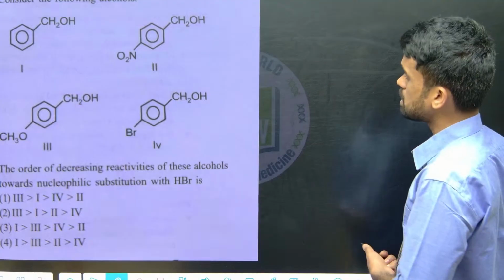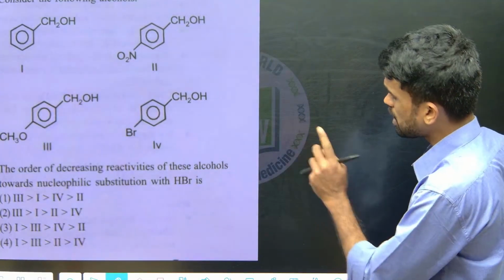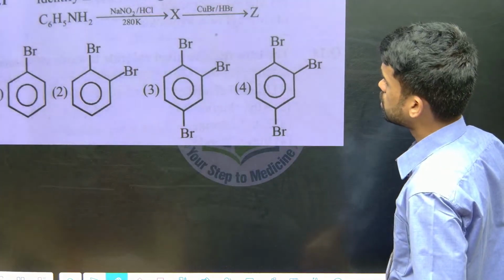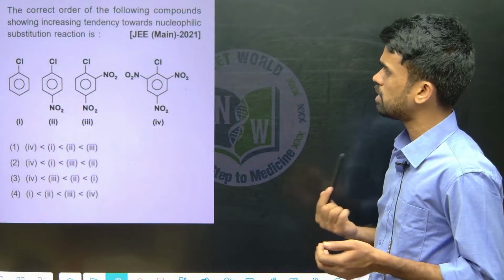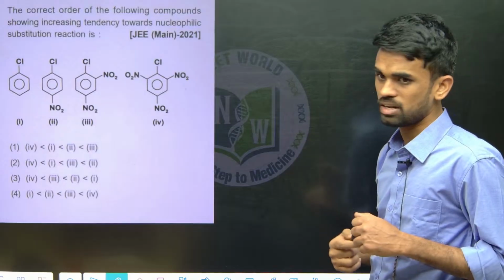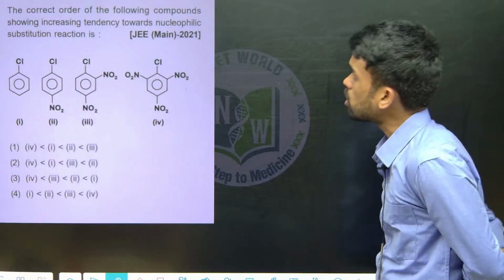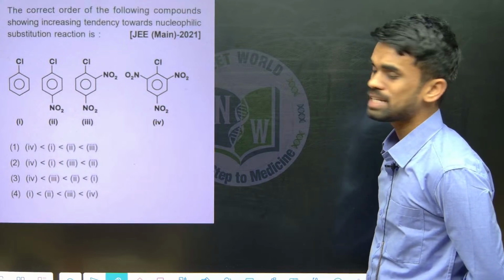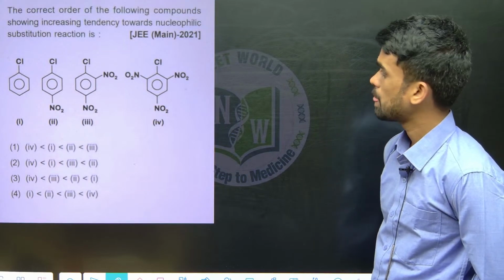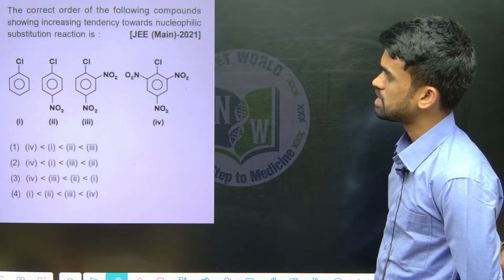The next one is here. We will come back to this later. This is also a JEE Mains question, but based on our discussion you can easily answer. The correct order of the following compounds showing increasing tendency towards nucleophilic substitution is, which is more?